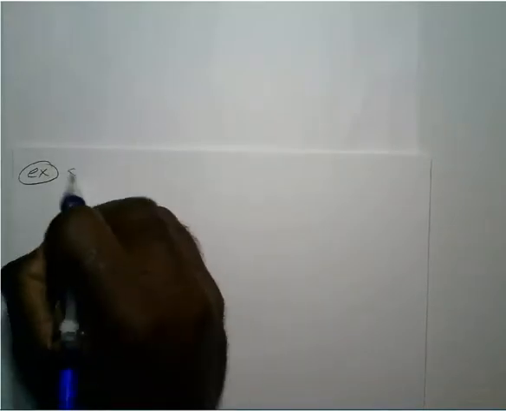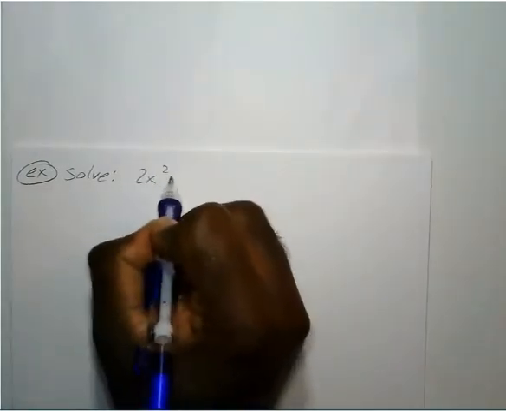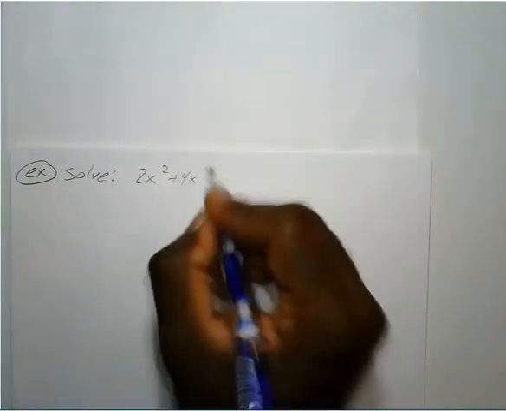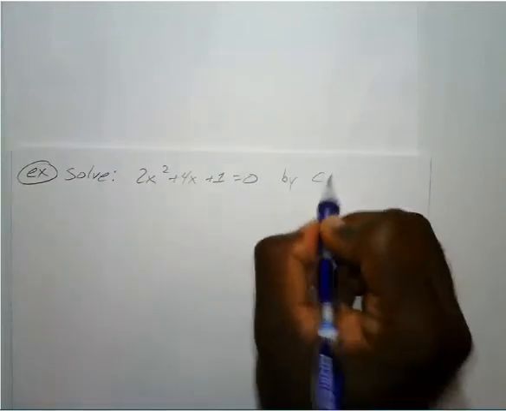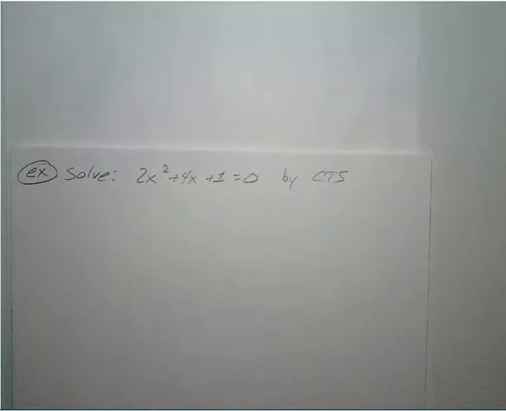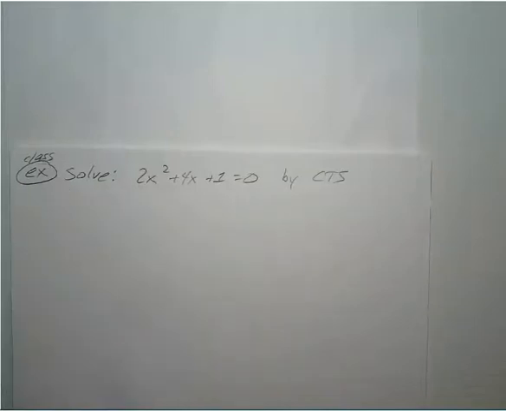Okay, so let's say, for example, we want to solve 2x squared plus 4x plus 1 equals 0 by completing the square. So what I want you to do is go ahead and press pause and solve this one using the steps from the example we just did.